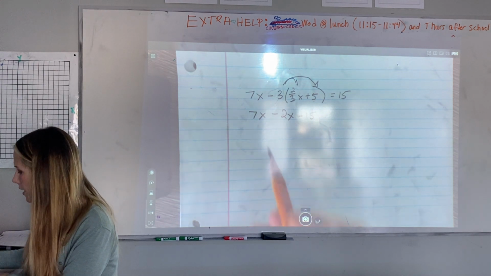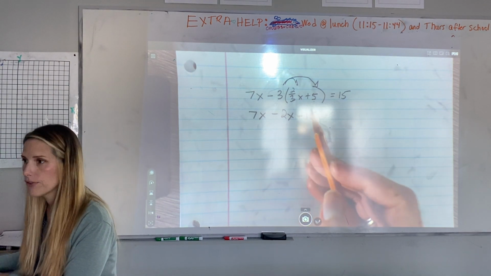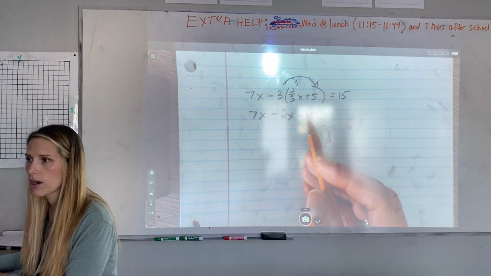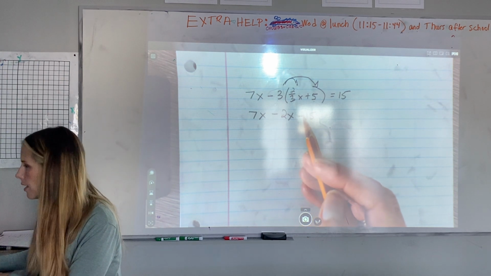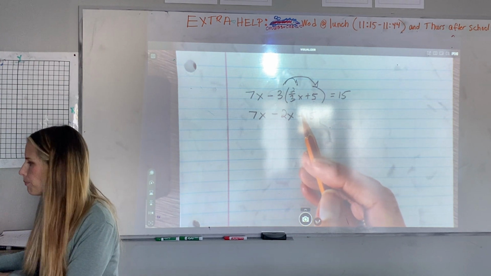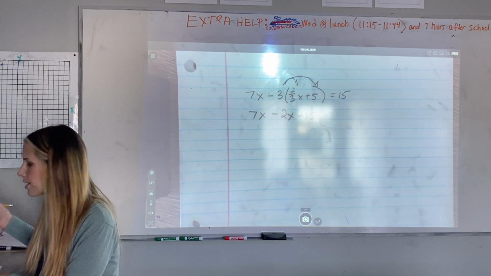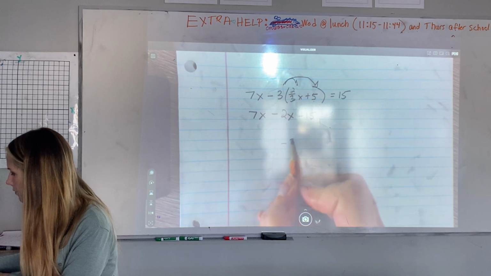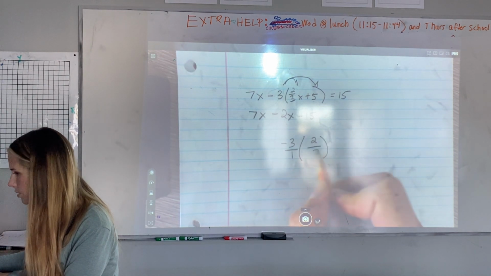So here, let's write that out, okay? It seems that a lot of you guys in 8th grade still are having trouble understanding that there are multiple ways to solve multiplication of fractions and fractions and whole numbers. So let's take our -3 over 1 and multiply it times 2/3, okay?